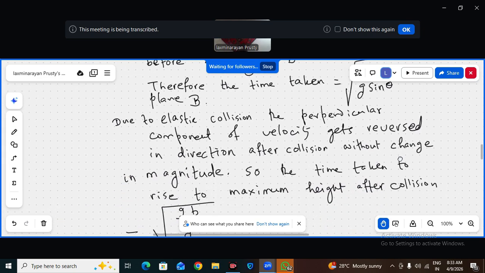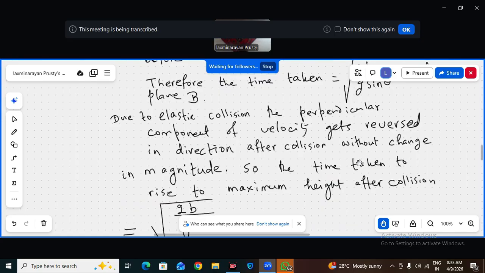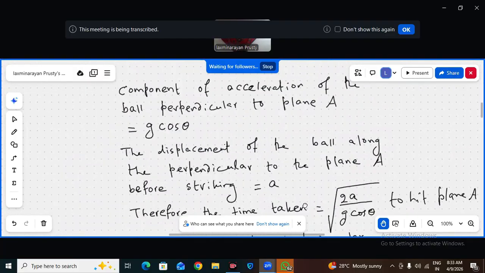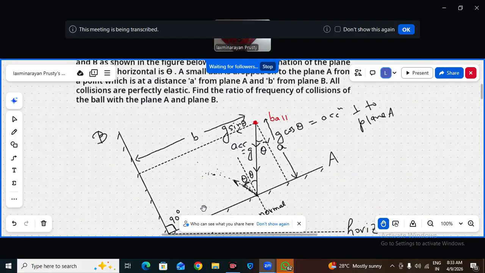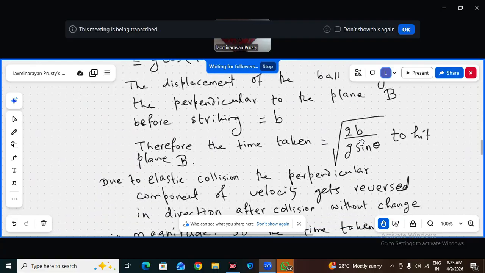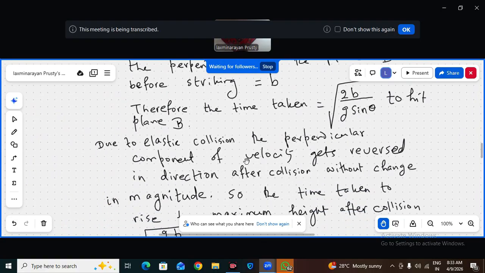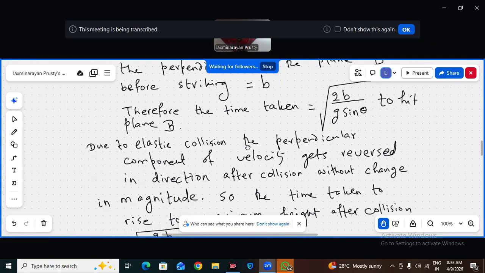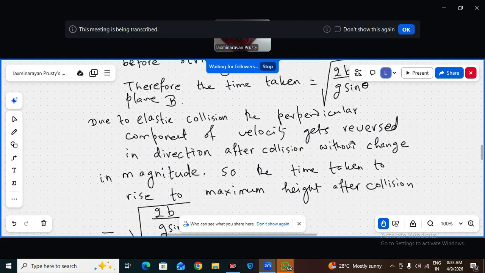without change in magnitude. So the time taken to rise the maximum height from the plane B, it will go like this, then goes up to the same height, again goes like this. So due to elastic collision, perpendicular velocity gets reversed after collision without change in magnitude.